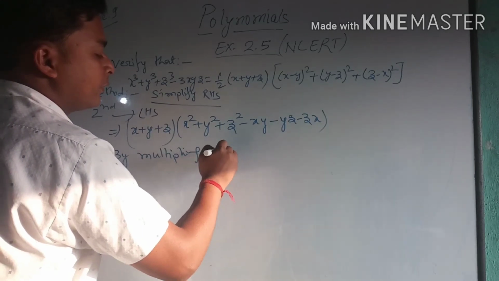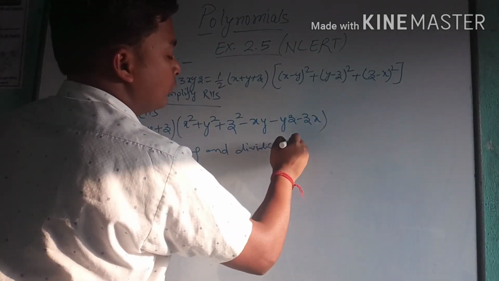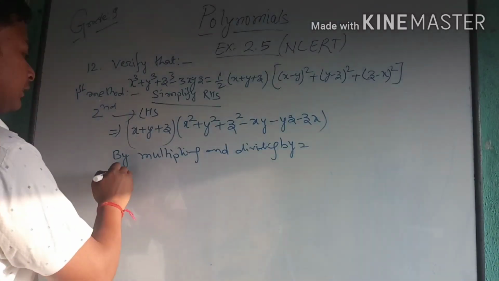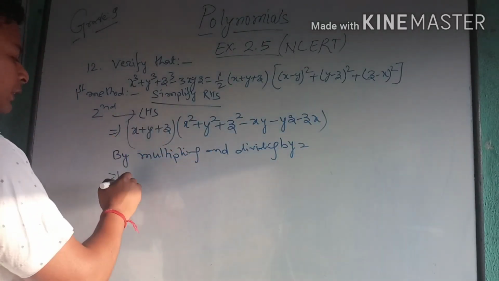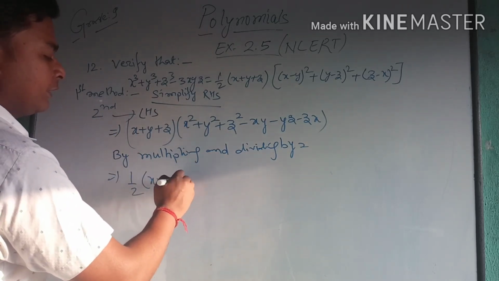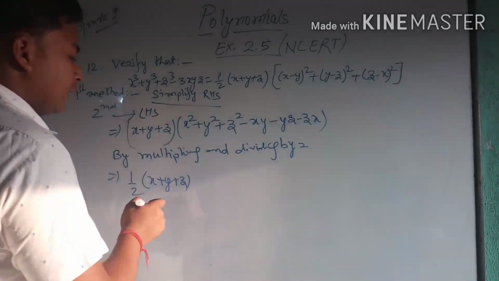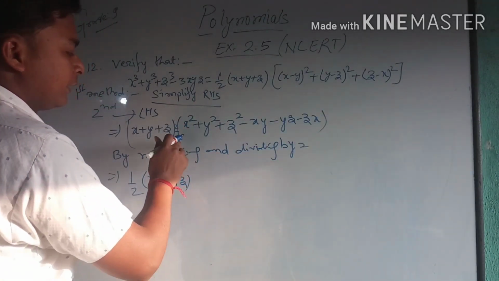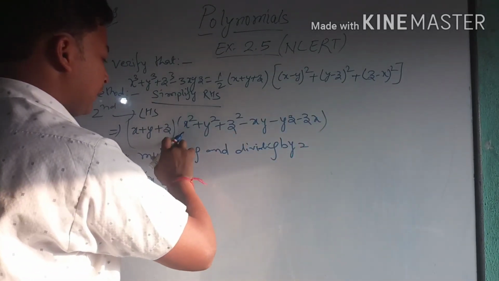So if we multiply 2 with the entire equation, we have to divide also, so multiplying and dividing by 2. What do we get? The entire equation is divided by 2, so we can write half outside, x plus y plus z, and the 2 which is multiplied is multiplied on this bracket. If we write 2 upon 2 here, this 2 remains constant and the other 2 will be multiplied to the entire bracket.